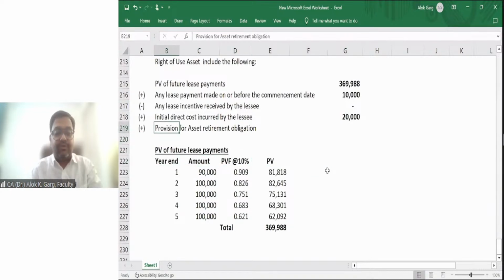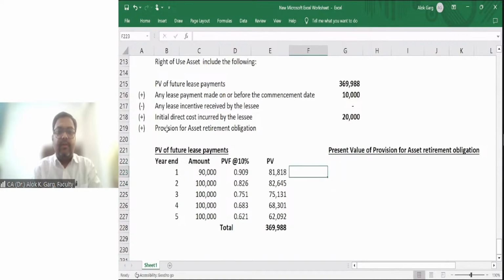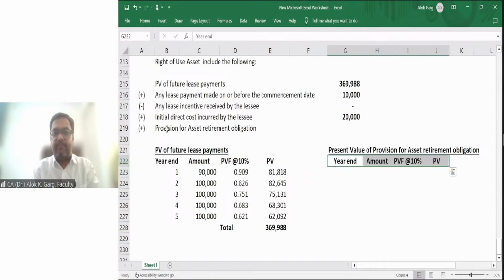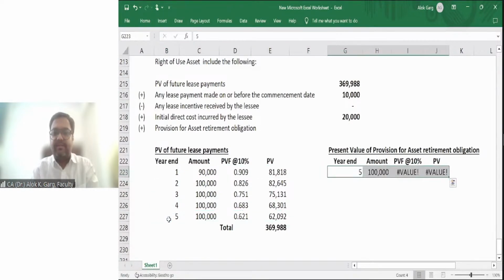So now you need to compute the present value of the future retirement obligation. Present value of provision for asset retirement obligation: year end, amount, PVF, PV. Year end is 5. Let me just copy this from the last example.